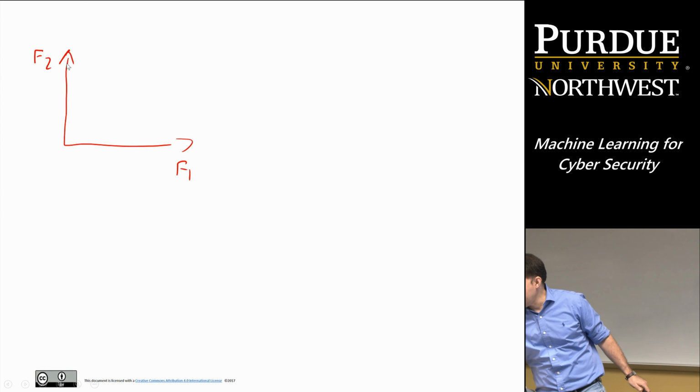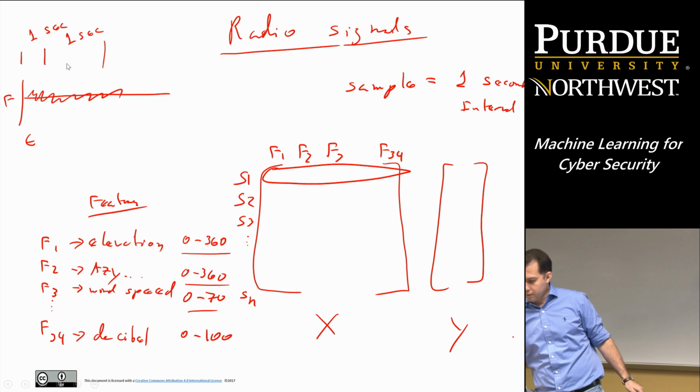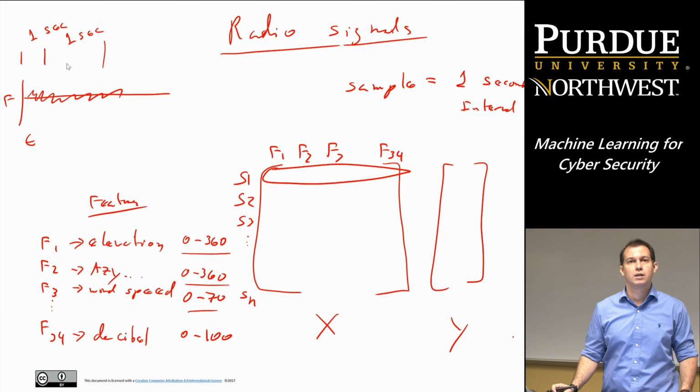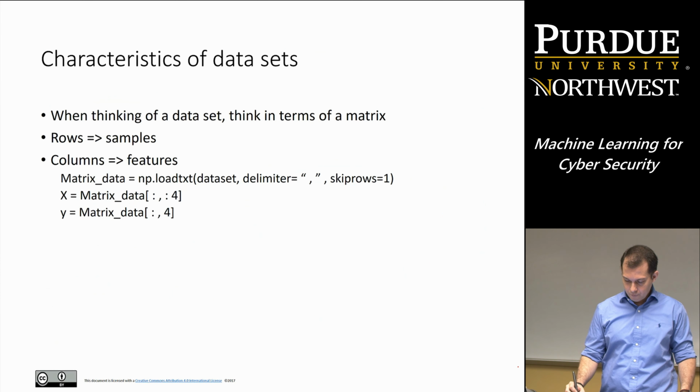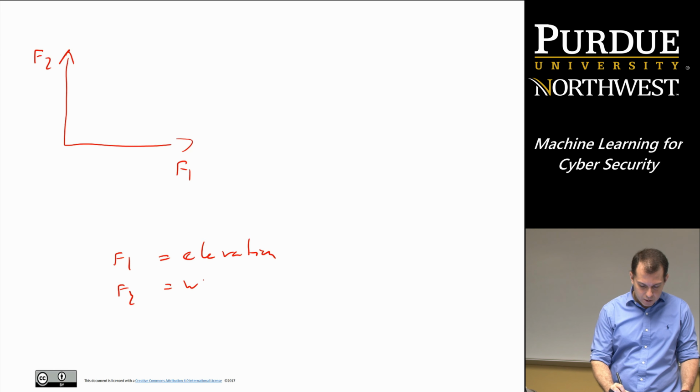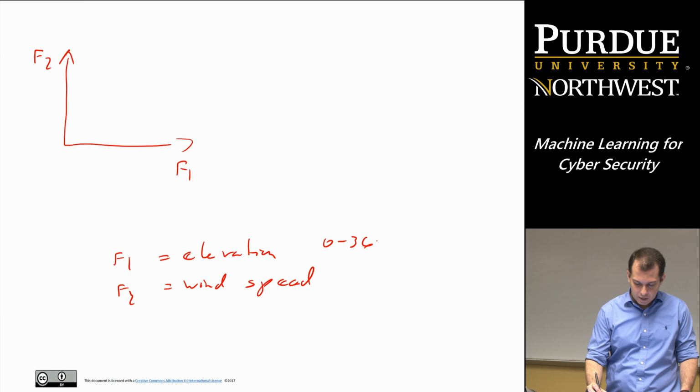Let's just take elevation and wind speed. So f1 is elevation and f2 is wind speed. This was from 0 to 360, I think, and this was 0 to 100, correct?